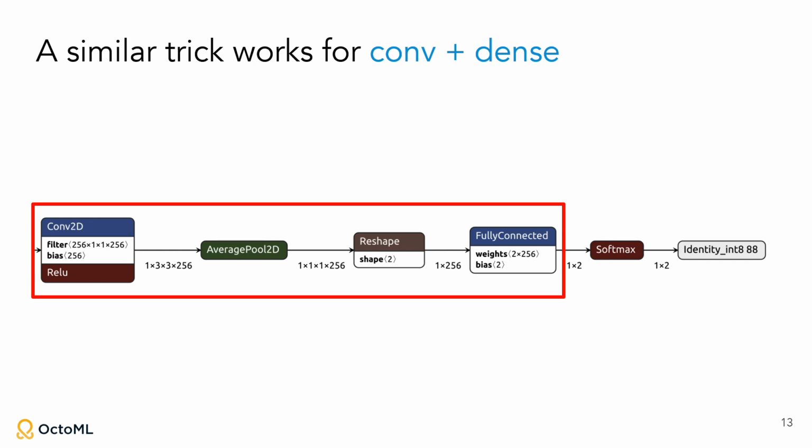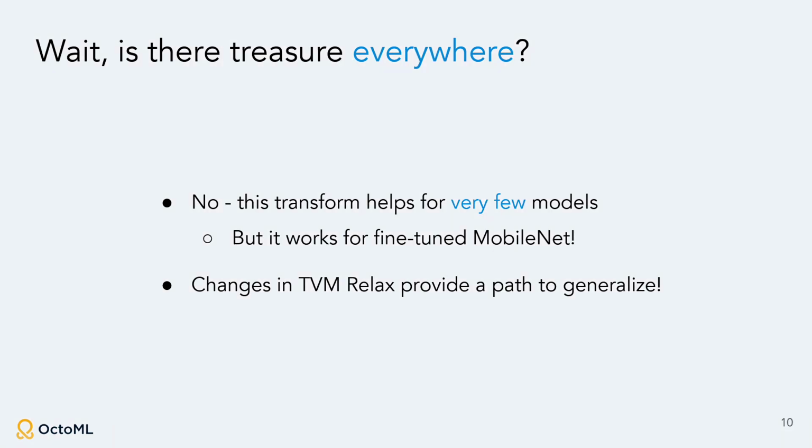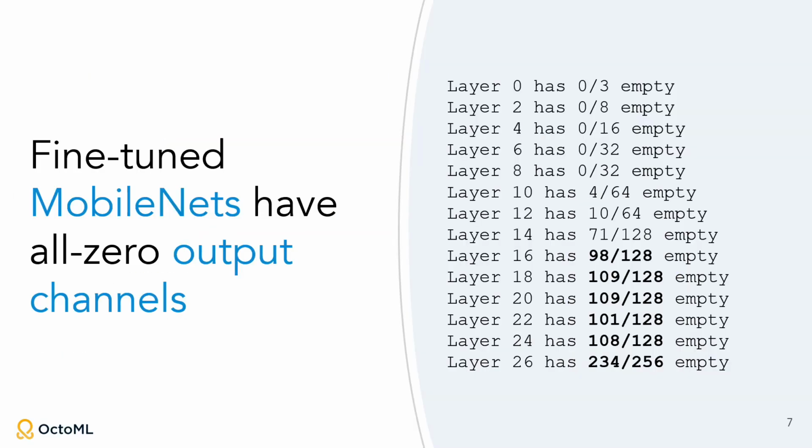I hate to say this, but the answer always has to be, it depends. This particular optimization is pretty narrow. Usually we don't have this free possibility of many empty all zero output channels. But there are other things that we can go and rewrite that apply more broadly.